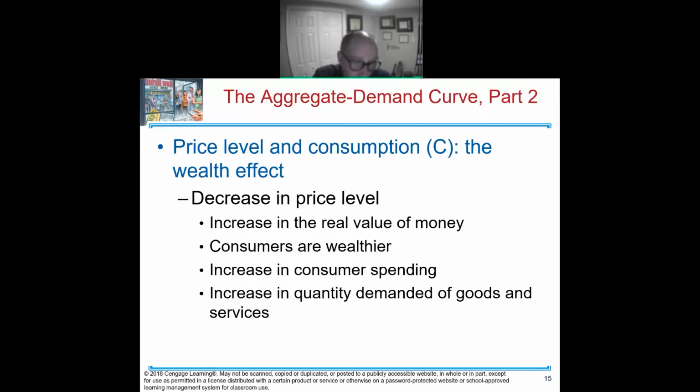The consumers are wealthier when the price levels go down. There will be an increase of consumer spending when prices go down, and an increase of quantity demanded of goods and services. That's what happens when the price goes down. So, in other words, the more wealth you have, if the price goes down on the things you buy, the more you'll buy of it.